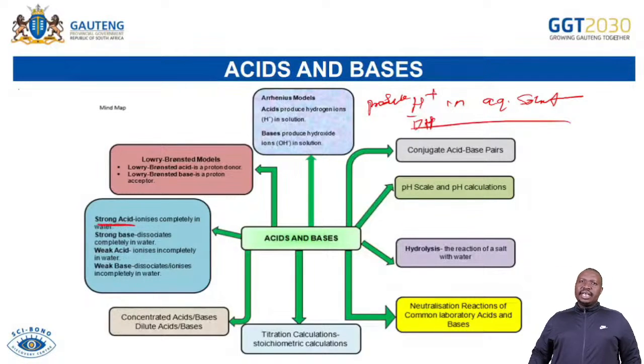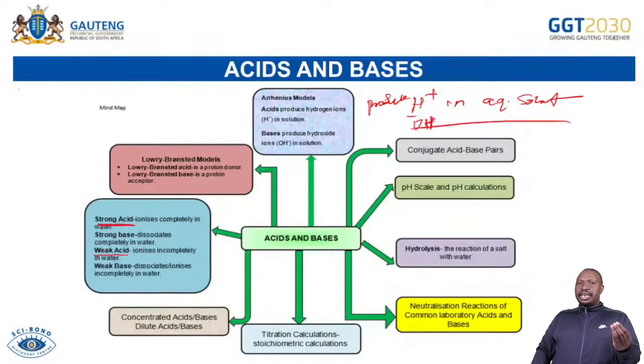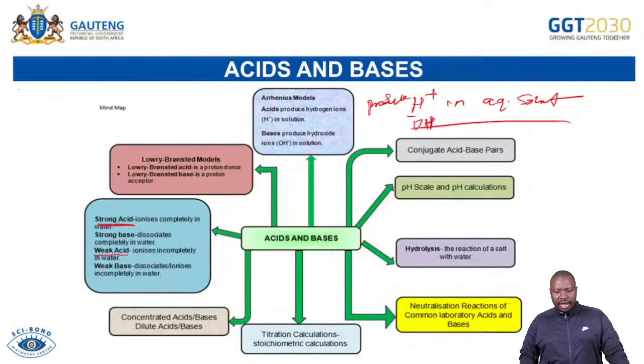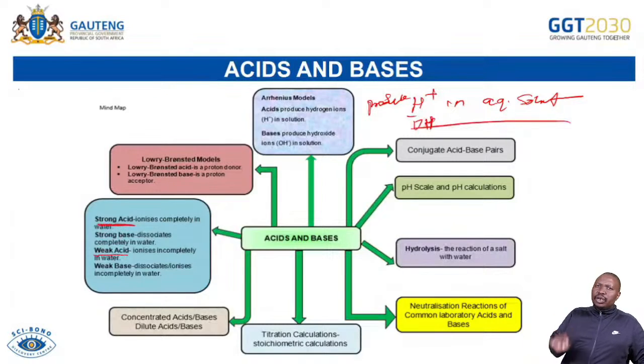And a strong base will dissociate completely in aqueous solution to form a high concentration of hydroxide ion. So it's very important that you have that understanding. And the weak acid ionizes incompletely, so it will form a low concentration of hydronium ion. And the weak base will dissociate incompletely in aqueous solution to form a low concentration of hydroxide ion.